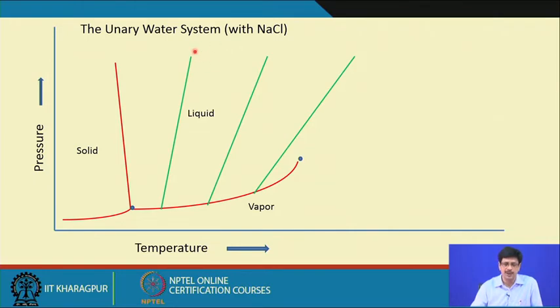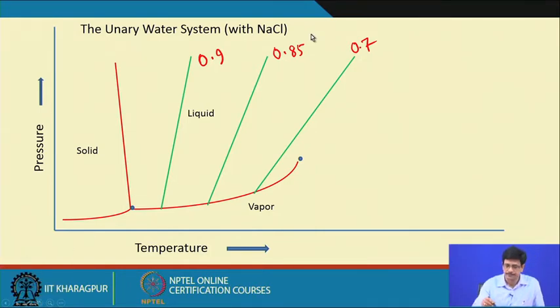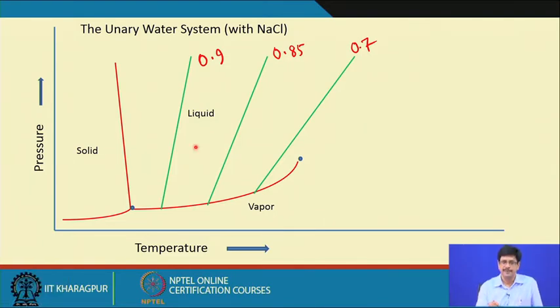Let us say this could be a value of 0.9, this could be a value of possibly 0.85, or this is 0.7, just for the sake of value I am putting here.